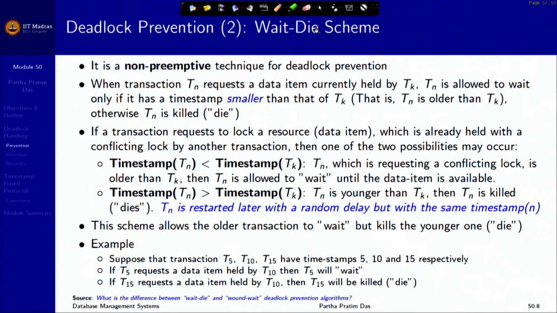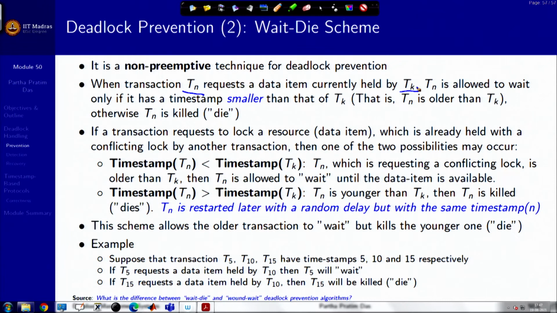Let us look at it in formal terms. In non-preemptive, let us introduce the notation. The transaction Tn is requesting a data item held by transaction Tk, right. Tn is allowed to wait only if its timestamp is smaller than that of Tk. What does smaller timestamp mean? That Tn started earlier, so it is an older transaction. Otherwise, Tn is killed.